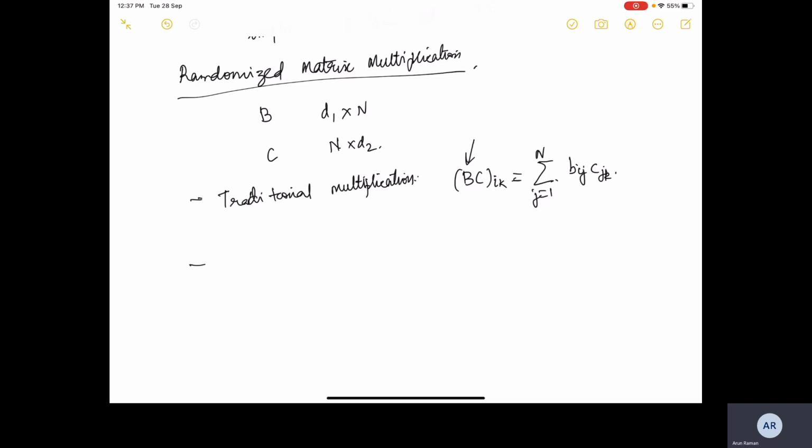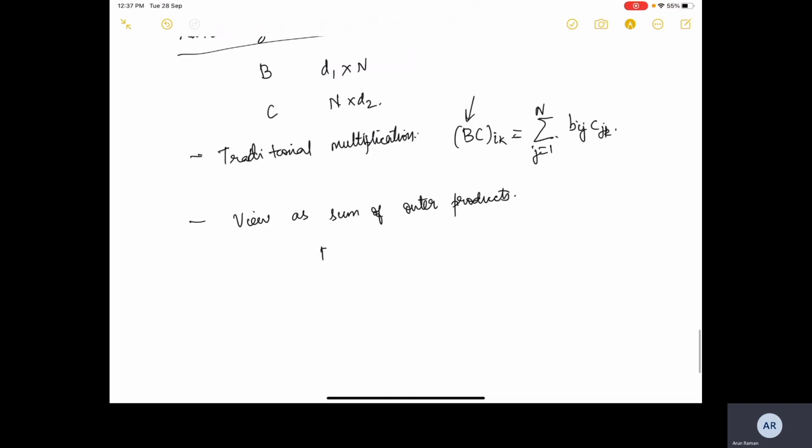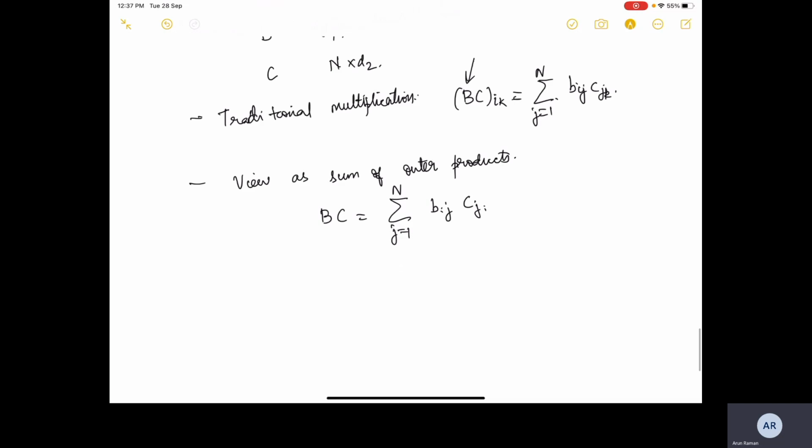So we will look at the matrix multiplication as a sum of outer products. Okay, so what we mean is that BC is the sum over j equal to 1 to n of the jth column of B times the jth row of C.